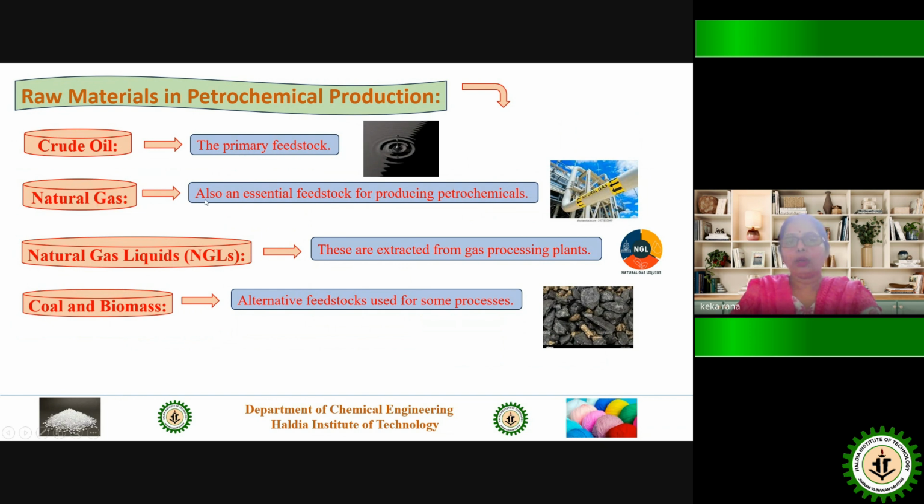This natural gas is also an essential feedstock for producing petrochemicals. Then there are natural gas liquids, NGLs, again a very familiar term, which are extracted from gas processing units. These also have lots of applications in the preparation of different petrochemical products. Finally, we should mention coal and biomass, which are alternate feedstocks used for some processes.